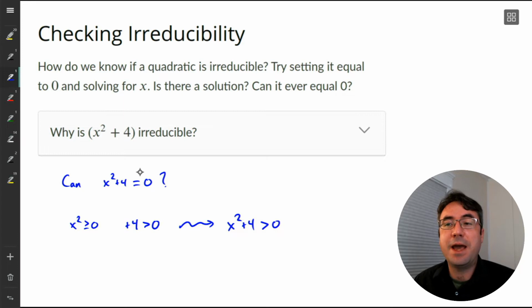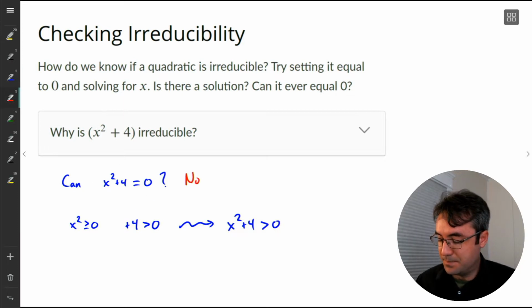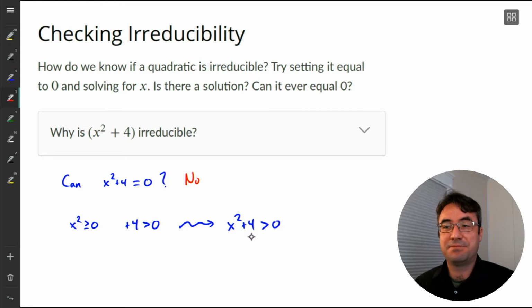So there's no way this is equal to 0, because we know it's always greater than 0. So the fact that x squared plus 4 never equals 0 tells us that it cannot be factored.